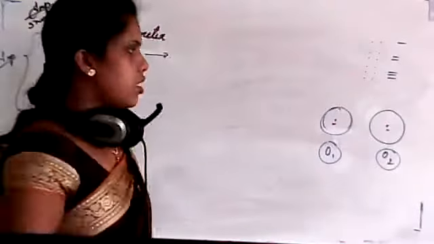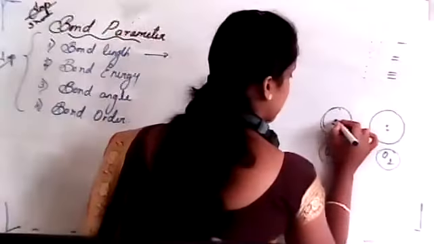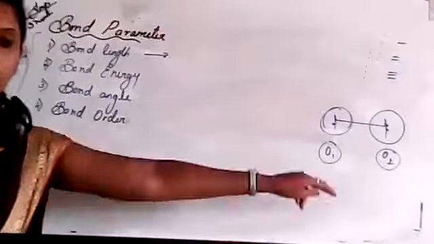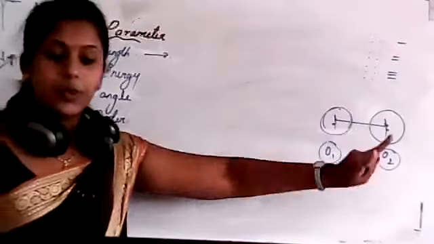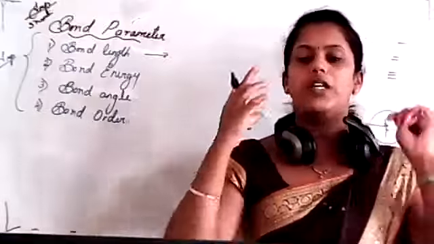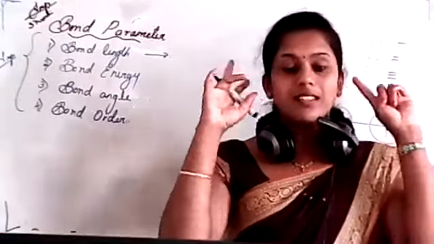So now the question, what is bond length? Yes, the equilibrium distance between two bonded atoms, or nuclei of two bonded atoms, is known as bond length. Is this clear, student?